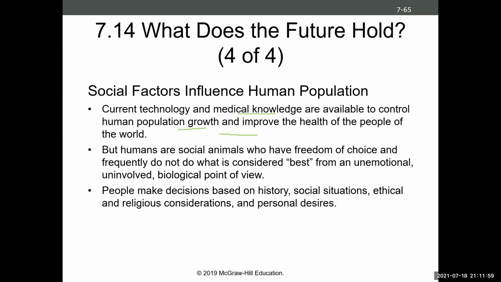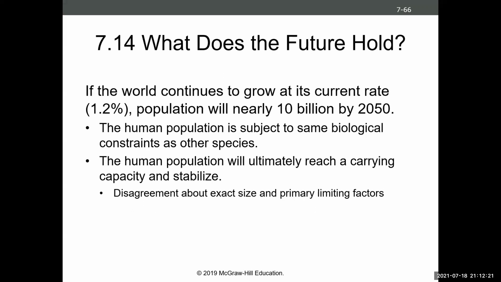And so we have to take that into consideration whenever we think about how our population is going to change, and make decisions based on historical data, social situations, and think about what we desire versus what we actually need to provide that sustainable footprint, and to lower our ecological footprint.